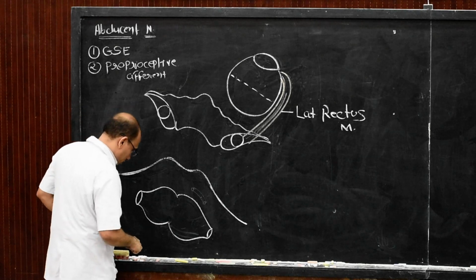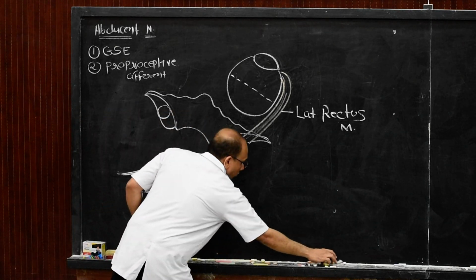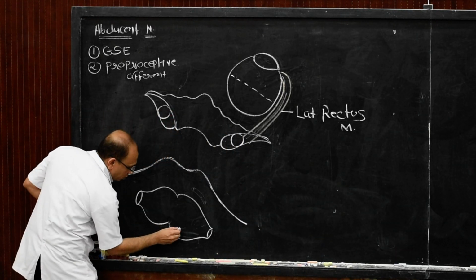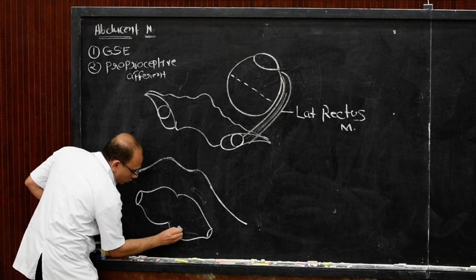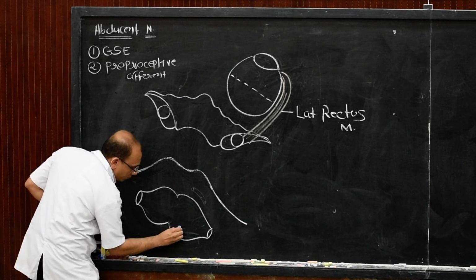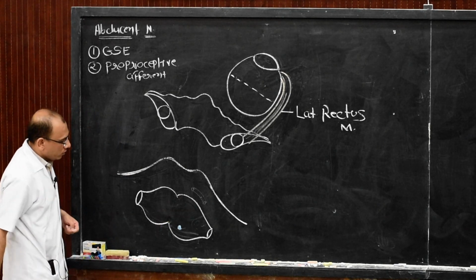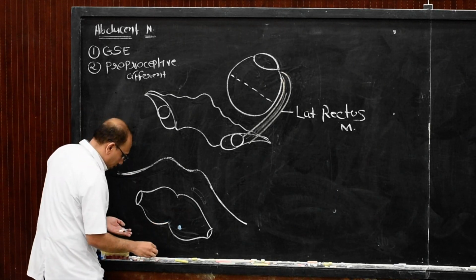So what is the deep origin of this abducent nerve? Here is the site of the nucleus. This one is the motor nucleus of the abducent nerve, which is situated at the floor of the fourth ventricle.